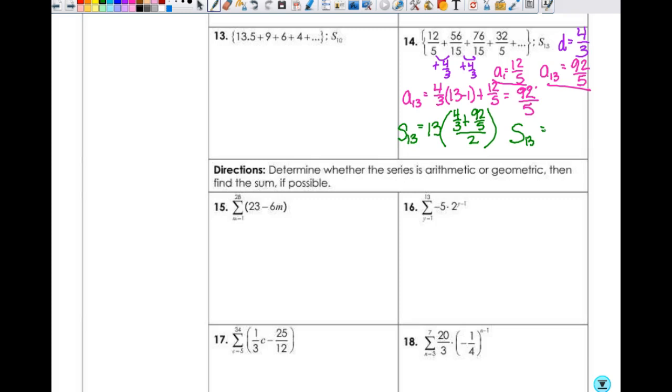I got, what'd you get? I got 1924 over 15.